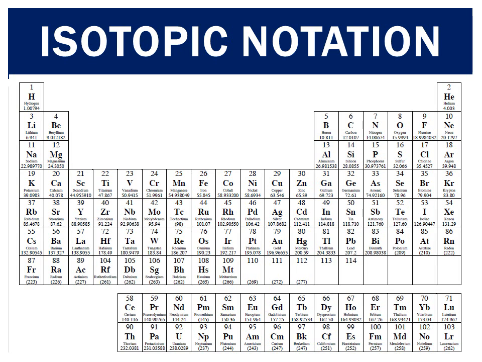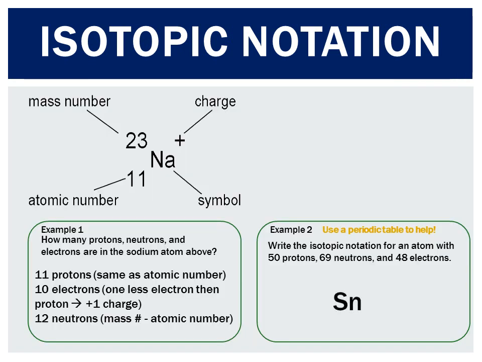This element is tin with symbol Sn, so I'm going to write that there. Protons is the same as atomic number, so I can write that 50 in the bottom corner. Remember, mass number, which goes up here, is protons plus neutrons, so 50 plus 69 is 119. And then lastly, electrons. Charge is protons minus electrons, so 50 minus 48, I get plus 2.